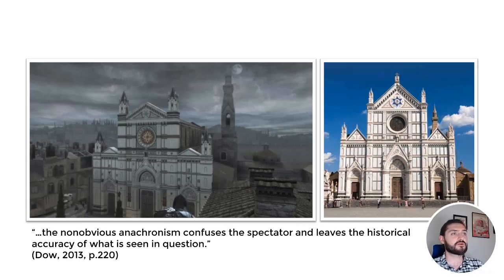In his paper, Historical Veneers, Anachronism, Simulation, and Art History in Assassin's Creed 2, in the book Playing with the Past, Digital Games and the Simulation of History, pages 215 to 232, Dow states, the non-obvious anachronism confuses the spectator and leaves the historical accuracy of what is seen in question.